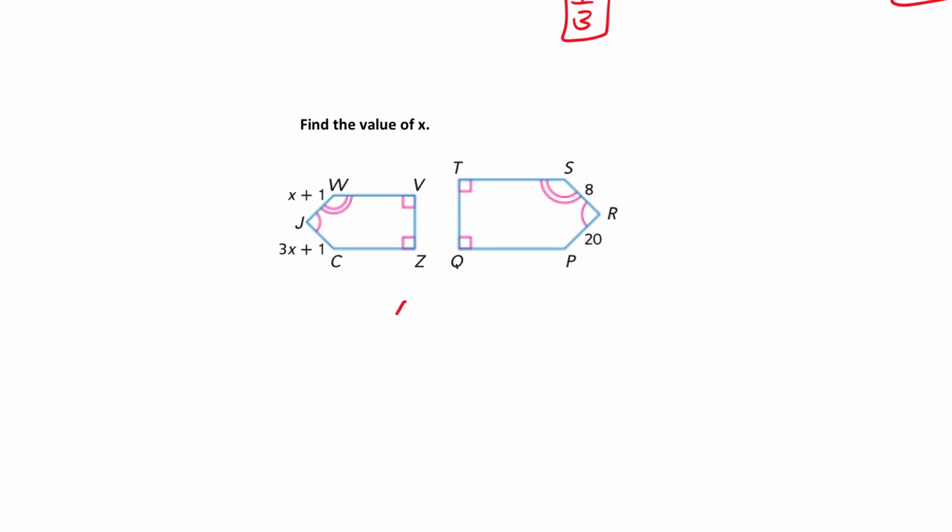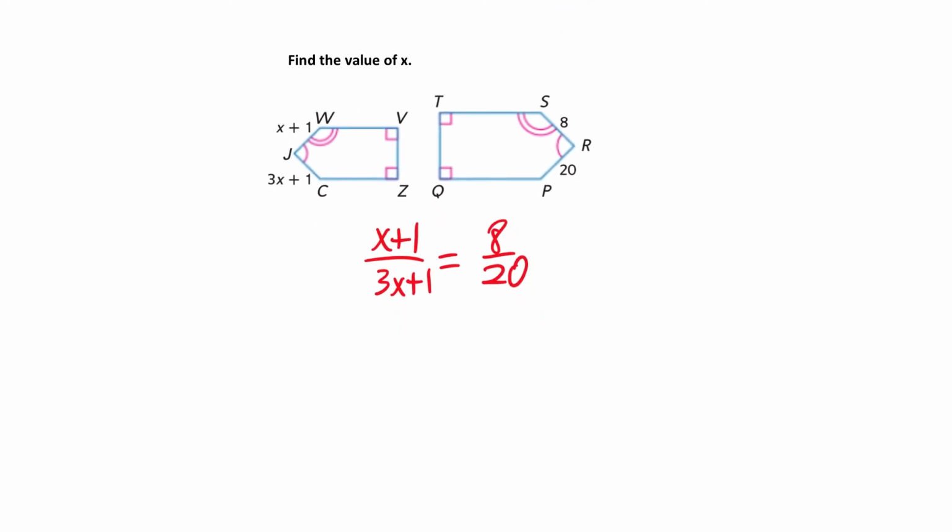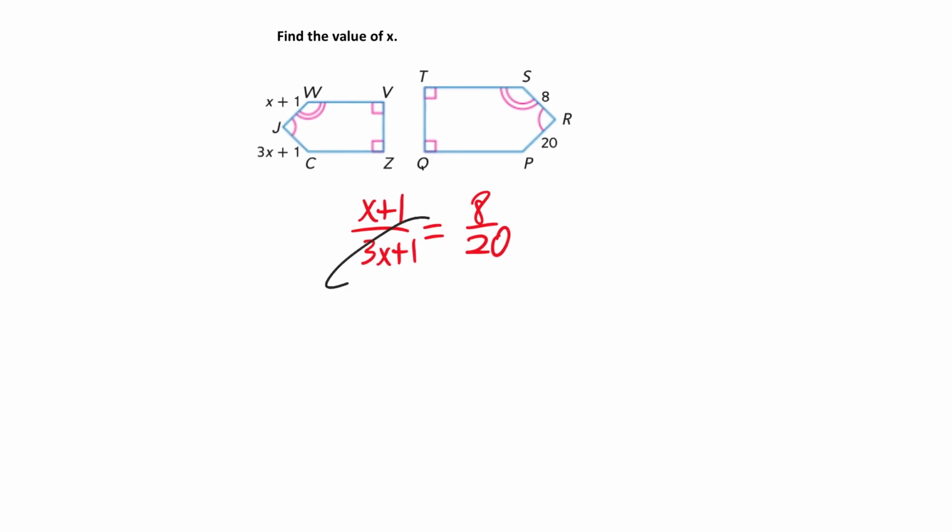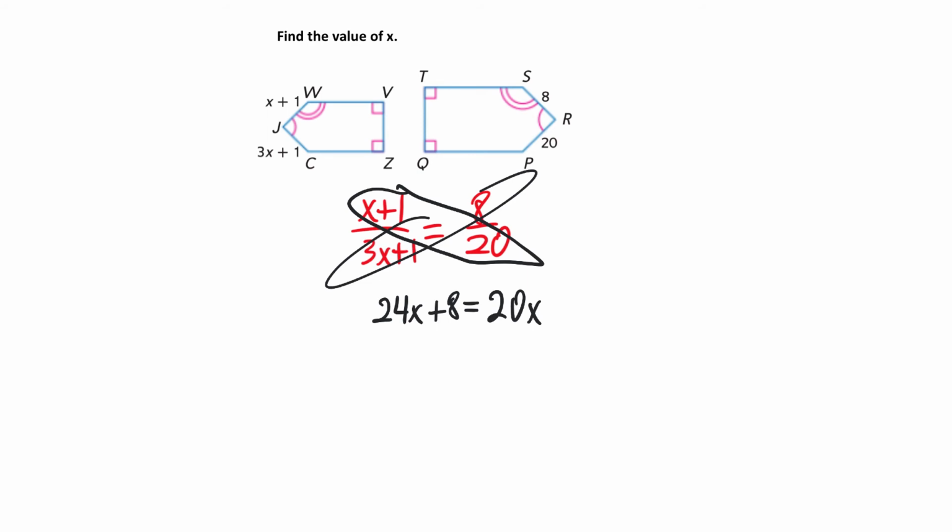All right, on this one, x plus 1 is to 3x plus 1 as 8 is to 20. I'm just going to go through this real quick. 3x plus 1 times 8: 3x times 8 is 24x, 1 times 8 is 8. When I multiply it this way, 20 times x is 20x, and 20 times 1 is 20.